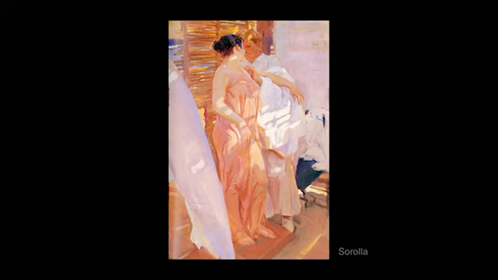This is also another one of Sorolla's, and it's a beautiful use of a light composition. If you look at the whole picture, it's mostly in shadow, but you're seeing the shadow side, and where the light is hitting their bodies and the clothes, it's kind of blown out.